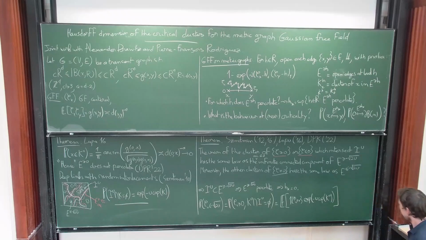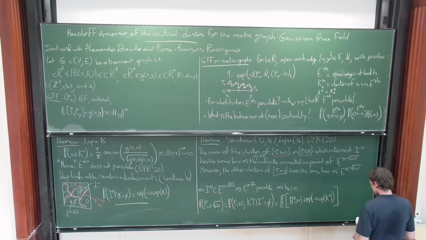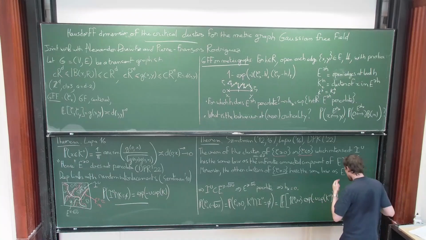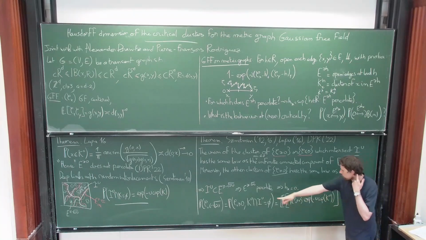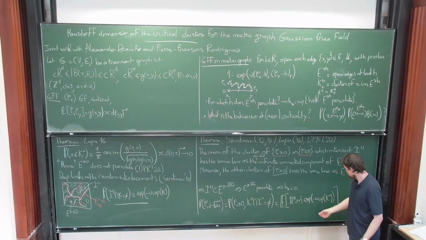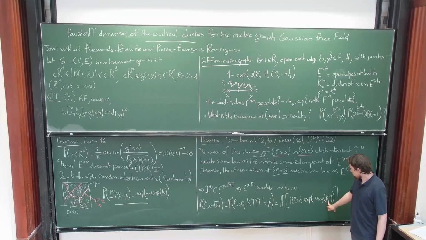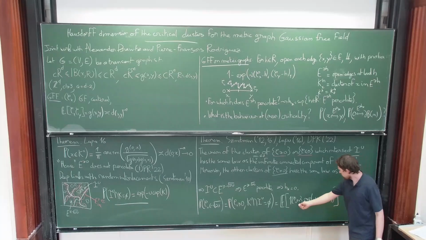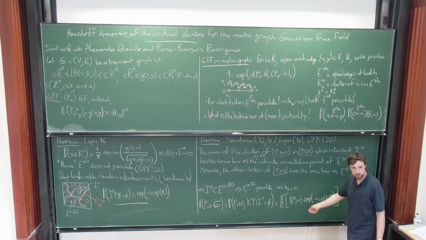And this is just the formula on the right applied to this particular Gaussian field cluster, the critical cluster K0. Since you're free to choose u, this is exactly the Laplace transform of your capacity.